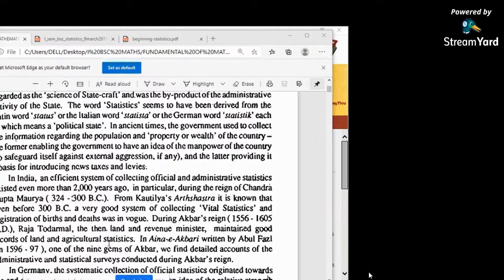Another is Abul Fazl, in the 1596-97 period. So at that time also this type of data collection started.